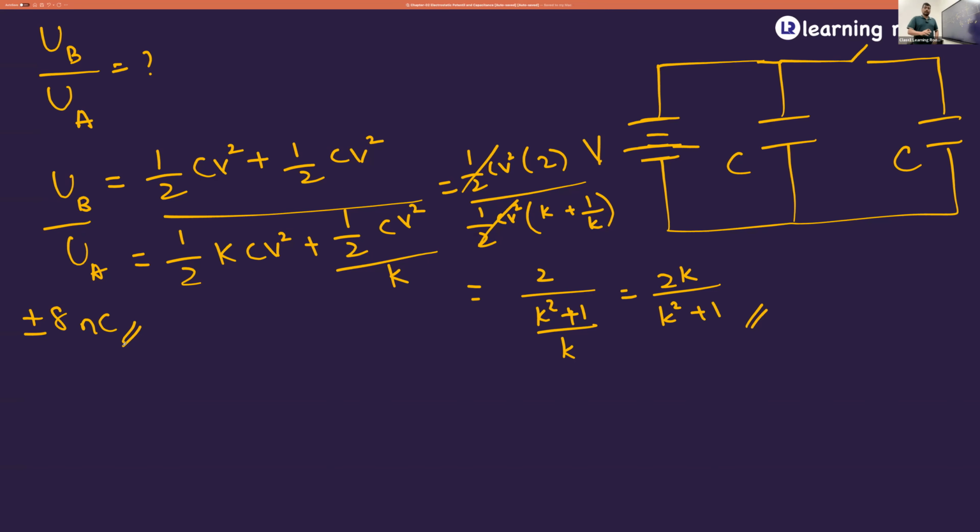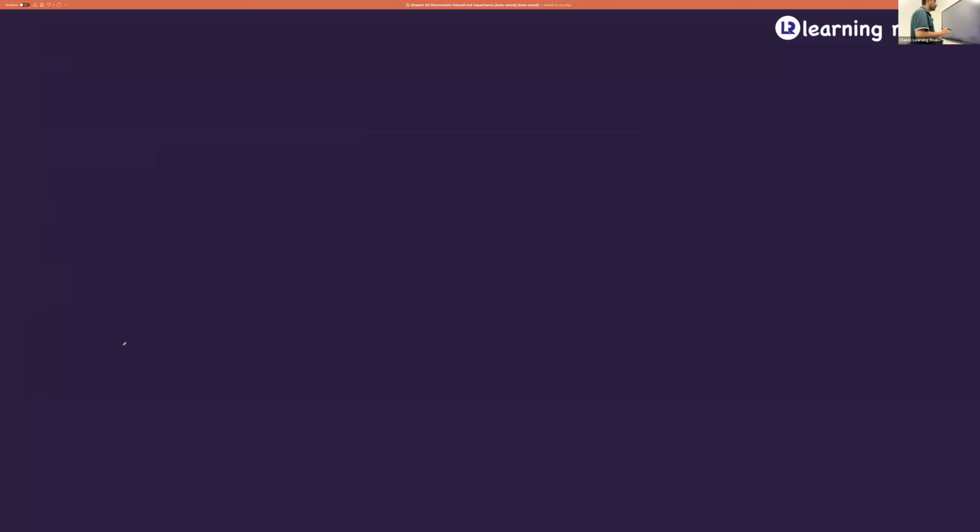What is the formula for potential energy of a dipole? U is equal to minus PE cos theta. And what is the formula for torque? Tau is PE sin theta, where in both the cases theta is the angle made by the dipole moment with the electric field. Right.